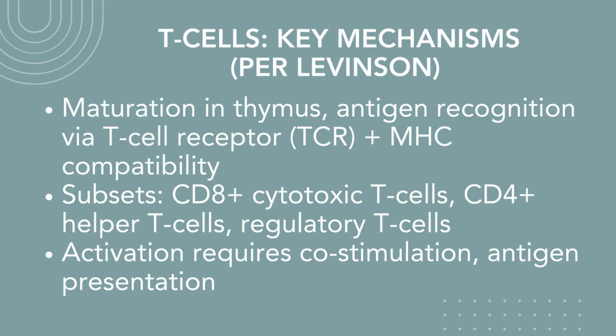According to Levinson, T cells require antigens to be presented to them on MHC molecules, which ensures precision in their activation. The main T cell subsets include CD8 plus cytotoxic T cells, CD4 plus helper T cells, and regulatory T cells, each with unique roles in orchestrating immunity. Now let's explore how these subsets carry out their specialized functions.